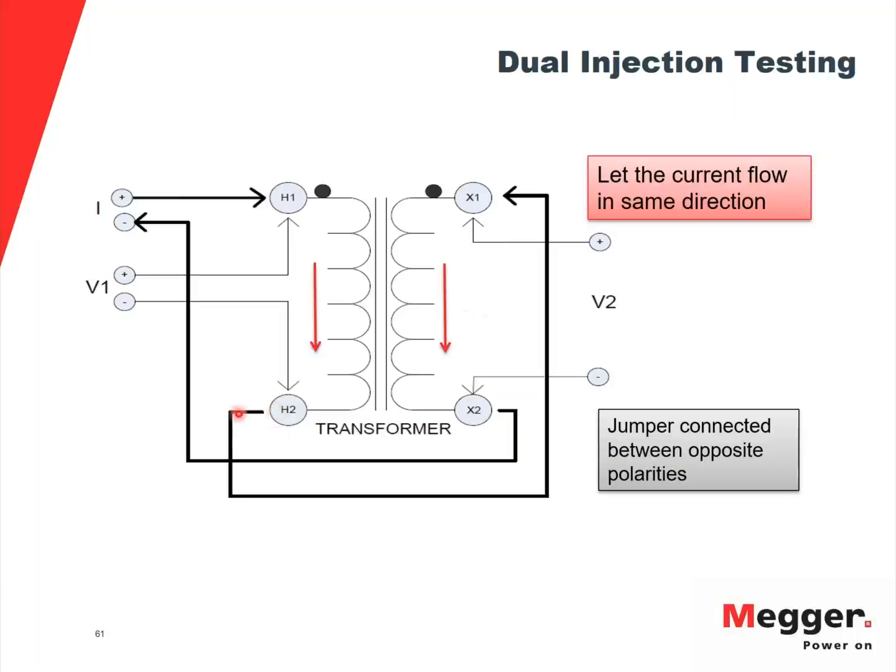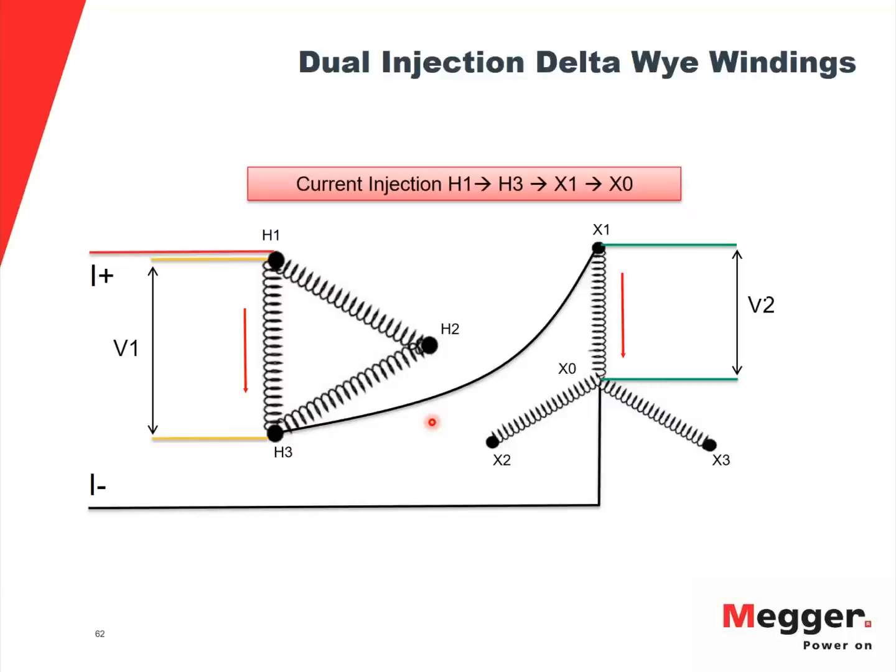As you can see, I connected H2 to X1, and now the flow of the current would be top to bottom and then top to bottom. So I'm maintaining the same direction of the flow of current. Now these two windings are acting together to saturate the core of the transformer, and you will get your readings faster by doing this technique.